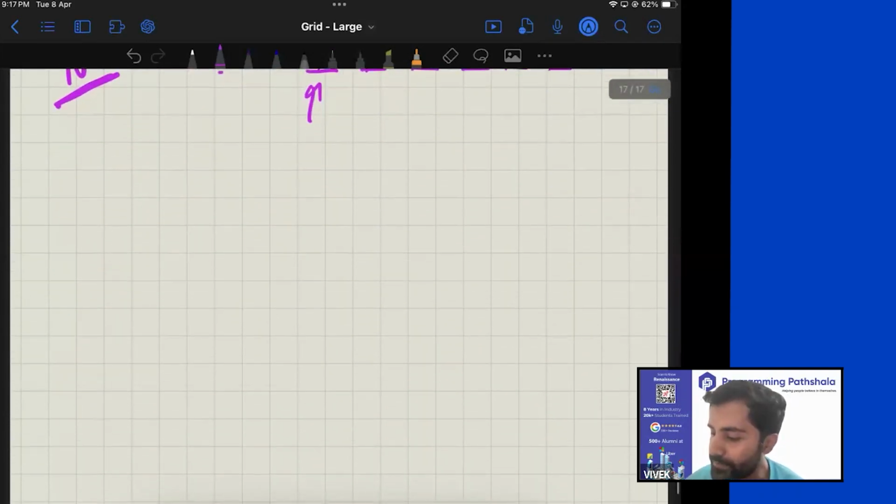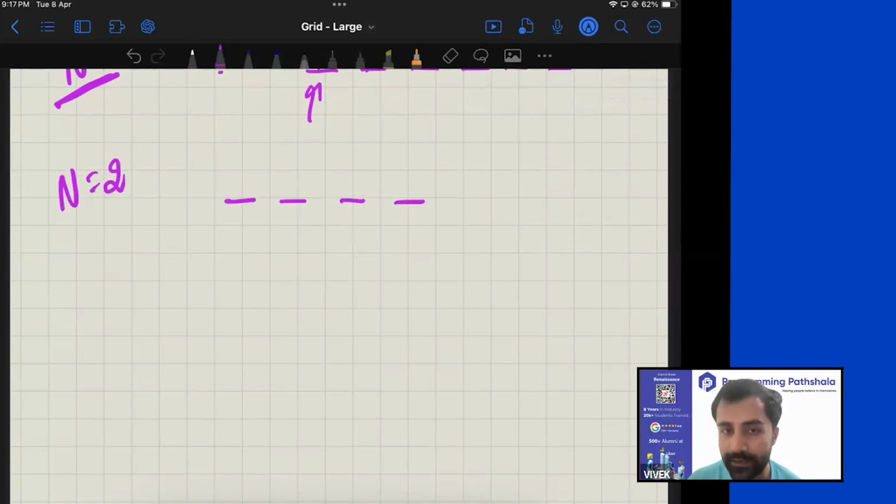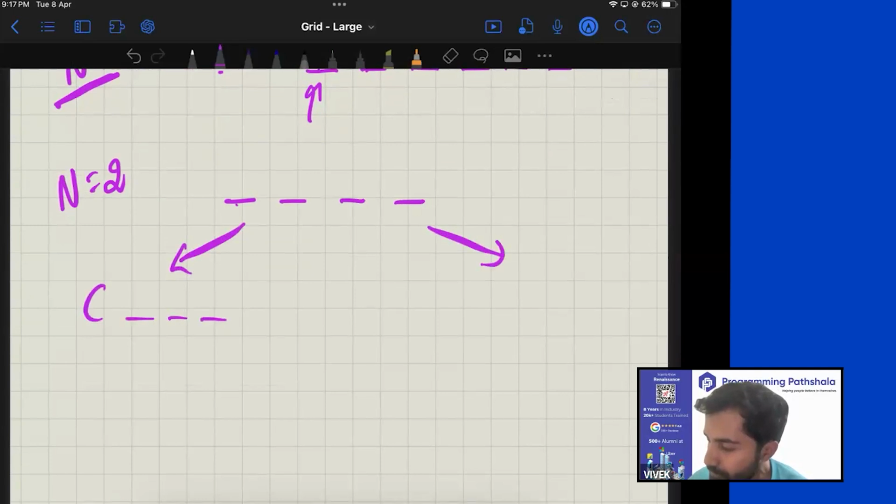So for example, if you take a small value of n, let's say n equals 2, you would say 1, 2, 3, and 4. I mean, every string will have four characters, two opening and two closing. Now you can say that, hey, for the first character, there are two choices. It can either be an opening brace or a closing brace.